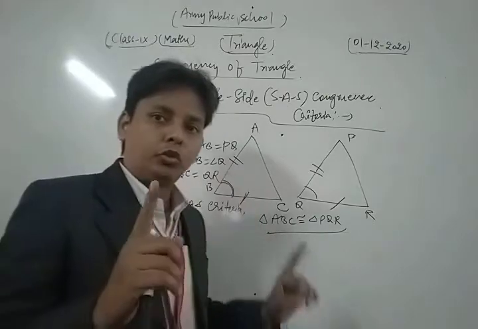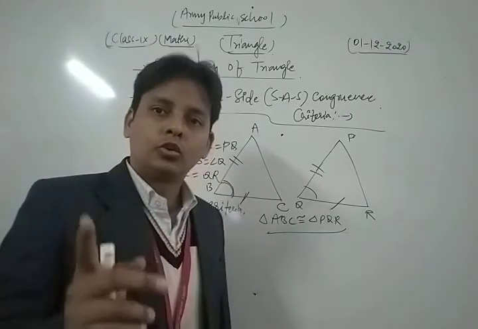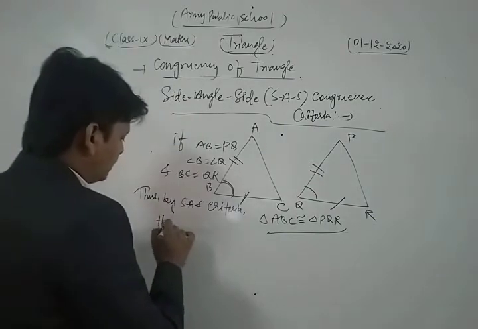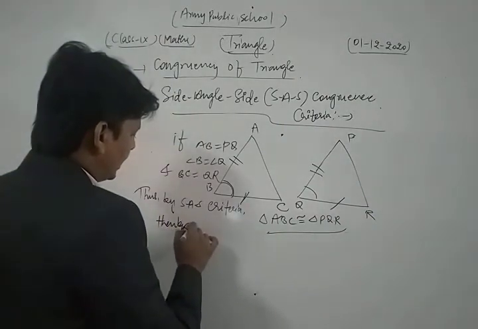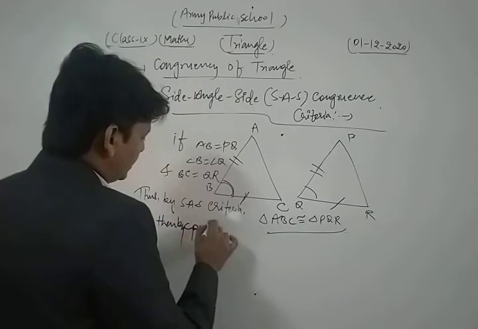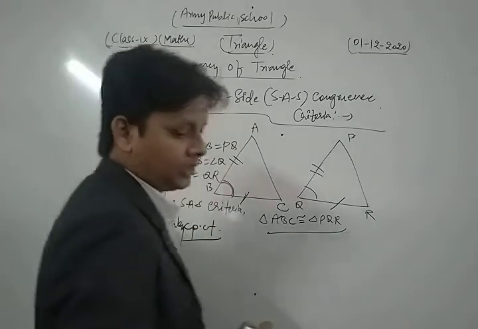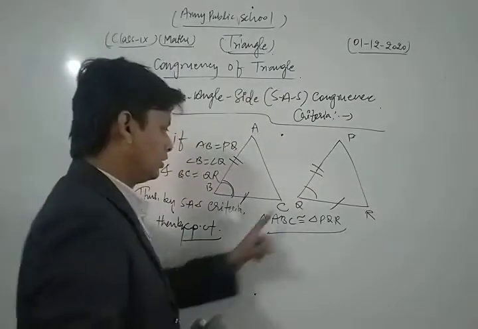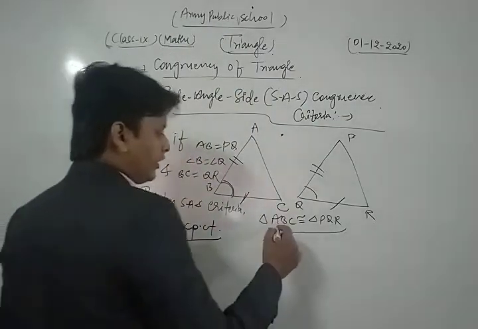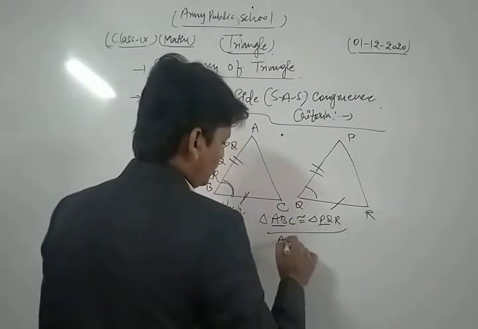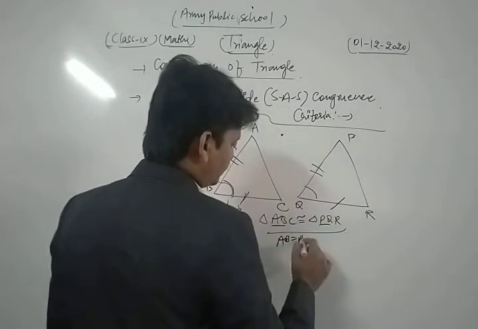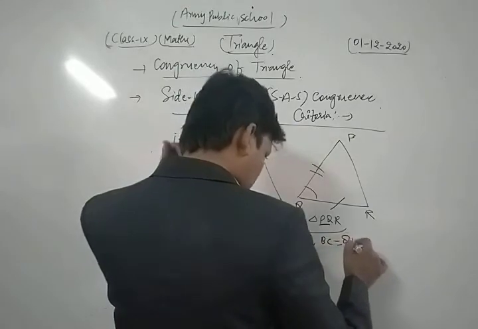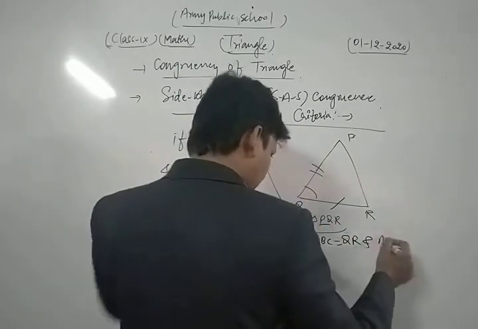Then, if two triangles are congruent, by CPCT, which means corresponding parts of congruent triangles, AB is equal to PQ, BC is equal to QR, and AC is equal to PR.